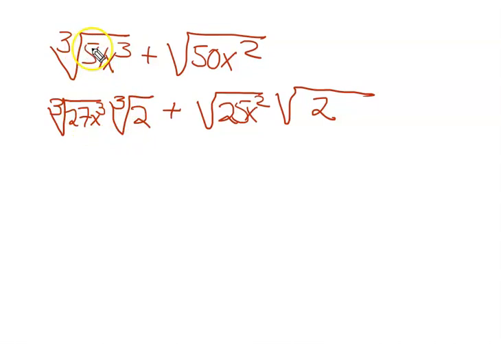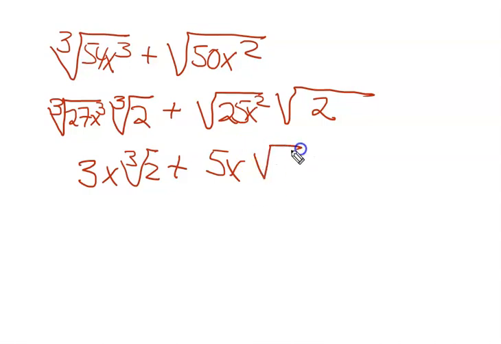Okay, so I teased this apart into a perfect cube, and what was left over. X to the third is a perfect cube, and I teased that. So here I'm going to get 3x, the cube root of 2, plus 5x, the square root of 2. Now, since these are cube and square roots, we can't go any further than that.